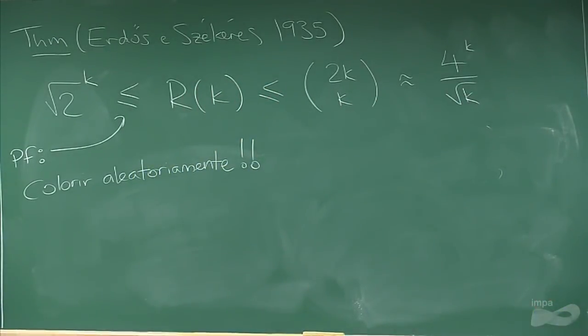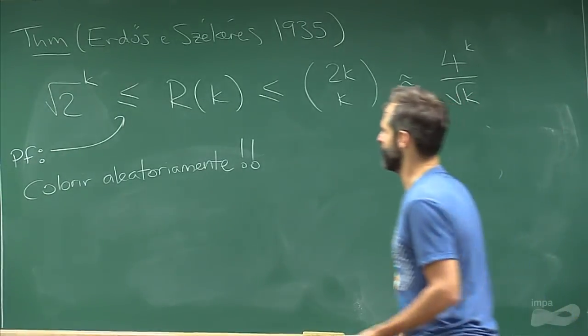Okay, this should be surprising. So what does that mean? For each edge, let's just toss a fair coin, independently for each edge, with probability half for red or blue.